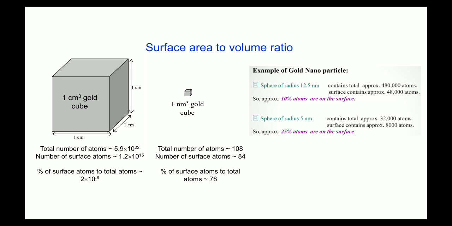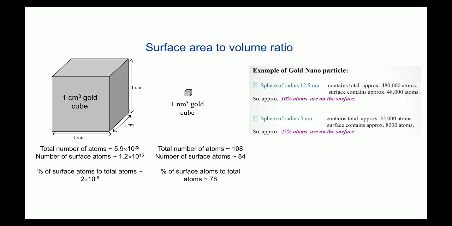If we take these two numbers and calculate the percent of surface atoms to total atoms, it means how many percent of atoms are present at the surface compared to the total number of atoms.